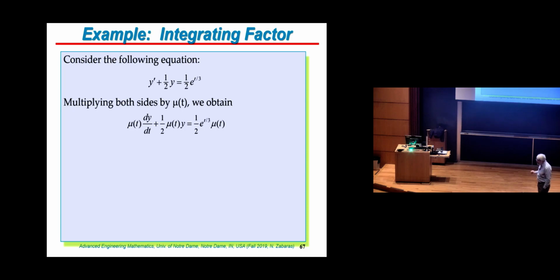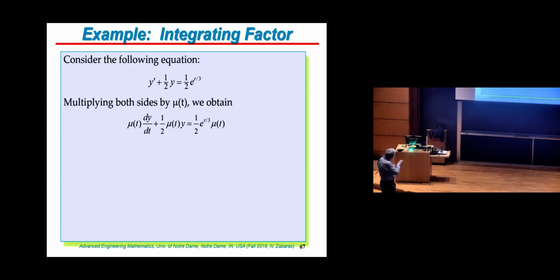Nothing new. Now, remember if you take the derivative of the product of two functions, how does the derivative look? If I take the derivative of u times v, it is u v prime plus v u prime.